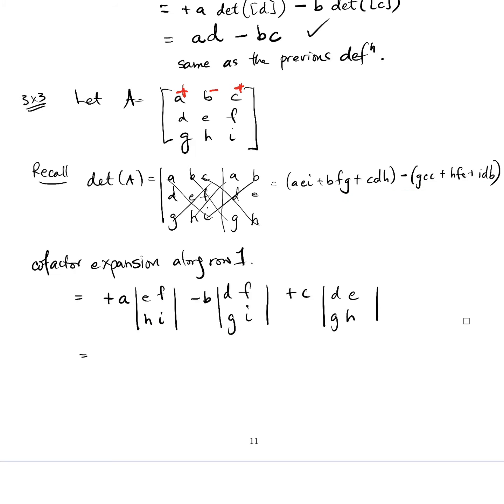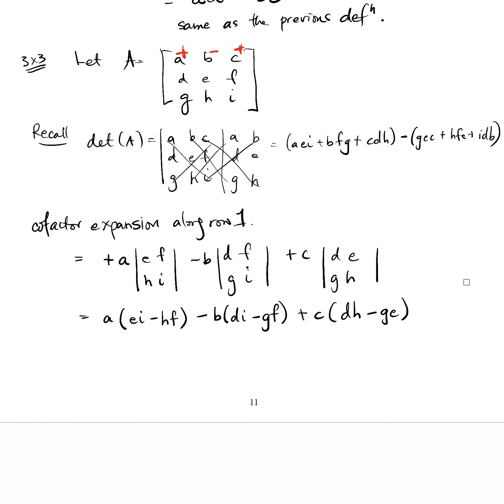So let's do this expansion. We know that these 2 by 2 determinants, that definition is solid, so we can do E times I minus H times F, minus B times (D times I minus G times F), and plus C times (D times H minus G times E).